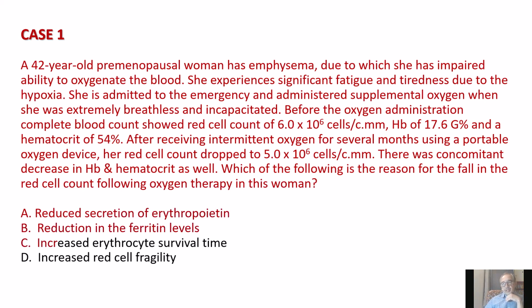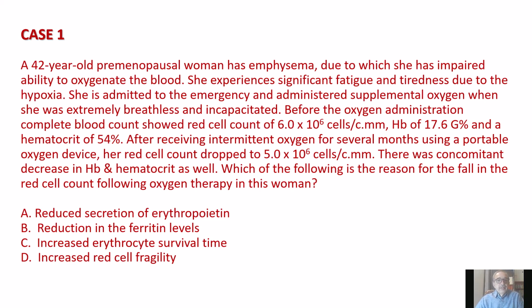Question is, which of the following is the reason for the fall in the red cell count following oxygen therapy? Options are reduced secretion of erythropoietin, reduction in ferritin level, increased erythrocyte survival time, increased red cell fragility.